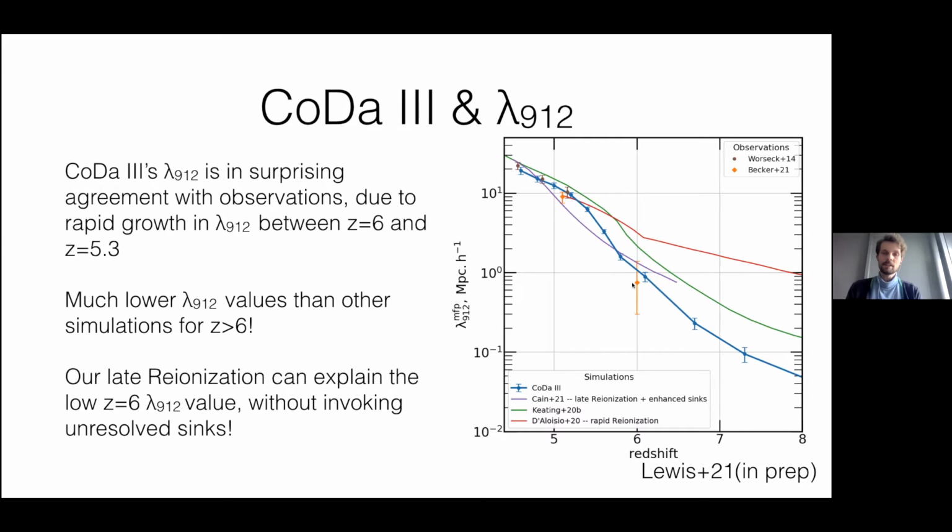That's in particular due to the strong evolution of the mean free path that happens between a redshift of 6 and a redshift of something like 5.3, 5.2. This strong evolution, and the agreement with this observational point here at redshift 6, puts us far below the mean free path predicted by other theoretical work, which probably has some strong implications for the state of reionization in their simulations at these times.